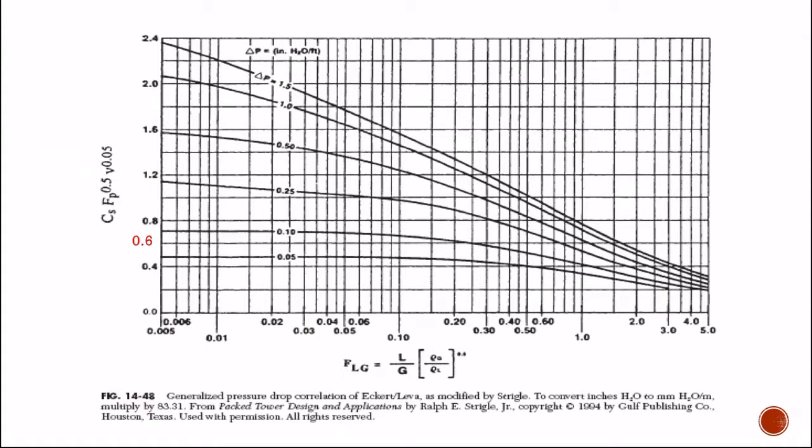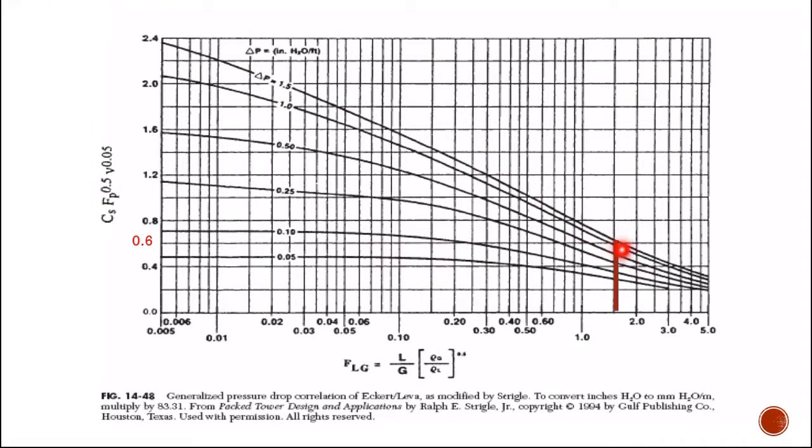From figure 14-48, we locate the abscissa scale term of 1.57078. It is somewhere here. There. And then, like what I said earlier, we will use the pressure drop as 1.5.